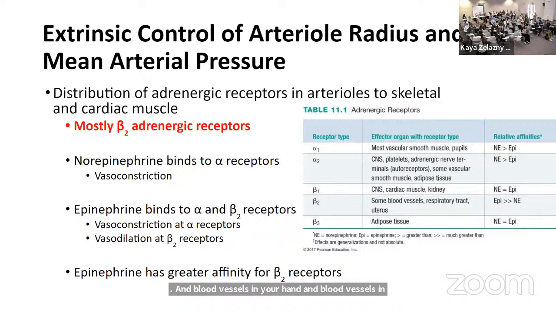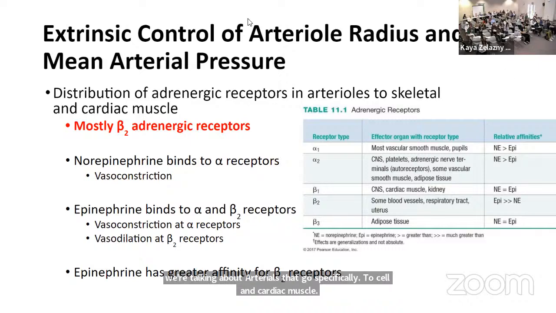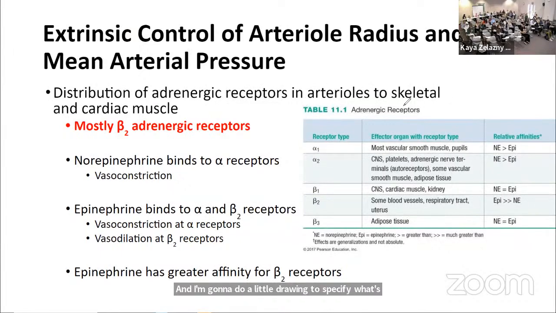When we're talking about arterioles that go specifically to skeletal and cardiac muscle, I'm going to do a little drawing to specify what's going on here. We're not saying the skeletal and cardiac muscle itself. We know our heart, our cardiac muscle, reacts to the sympathetic nervous system. But now we're talking about the fact that the heart on the outside needs to be fed.